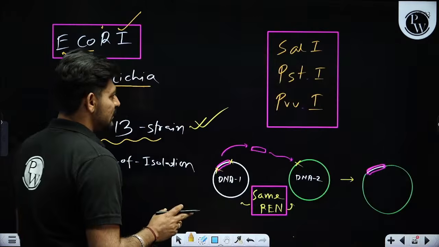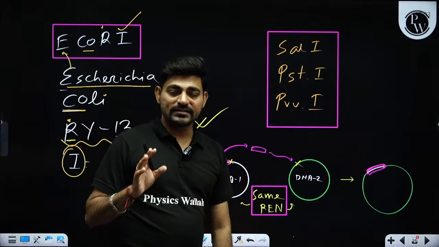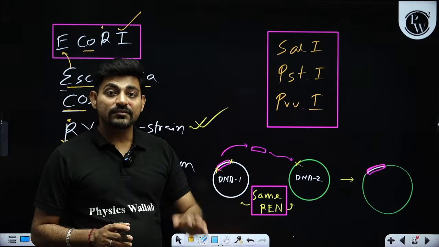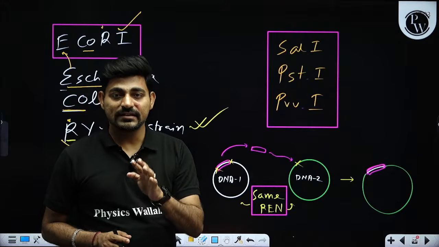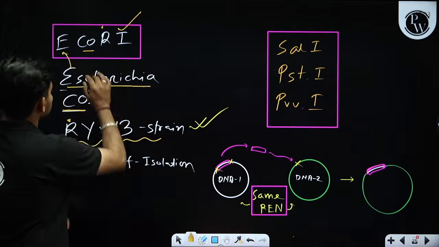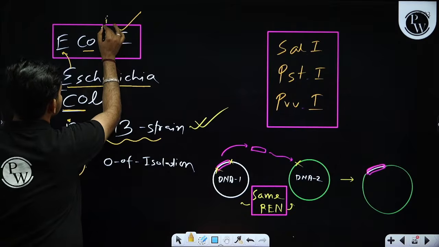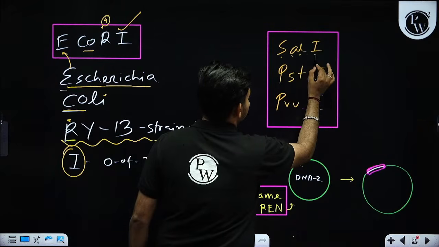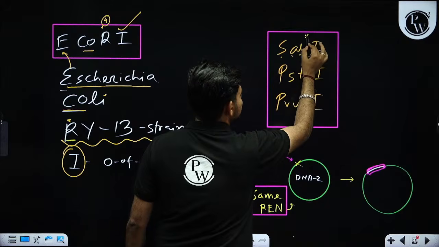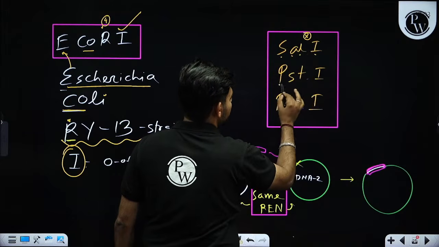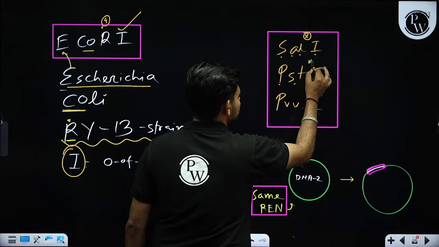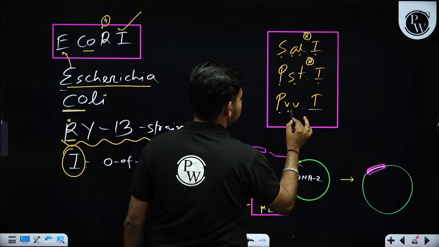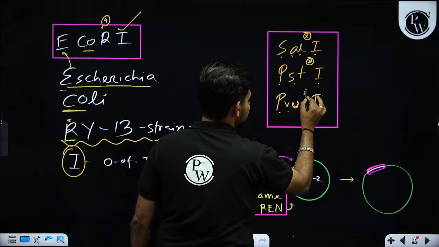Now, I was telling that there are a few restriction enzymes where the fourth letter is omitted. For EcoR1 you have the fourth letter as R, but for SalI the fourth letter is absent. For PstI the fourth letter is absent. For PvuI the fourth letter is absent.